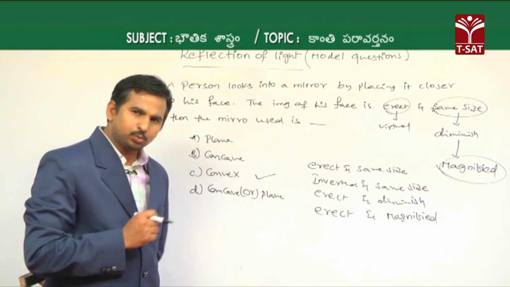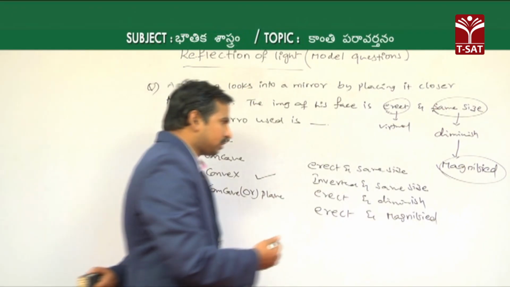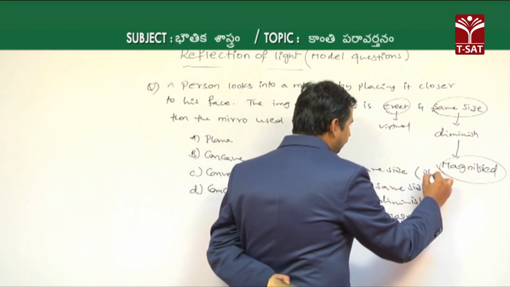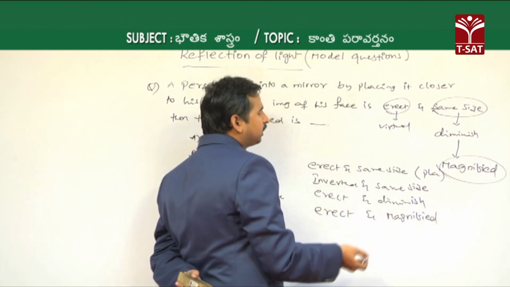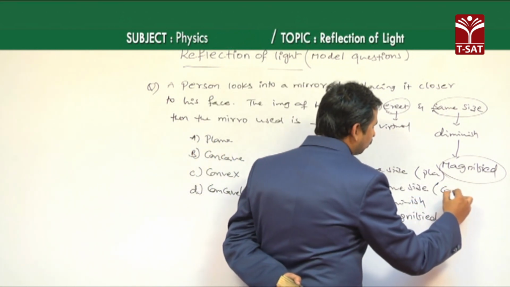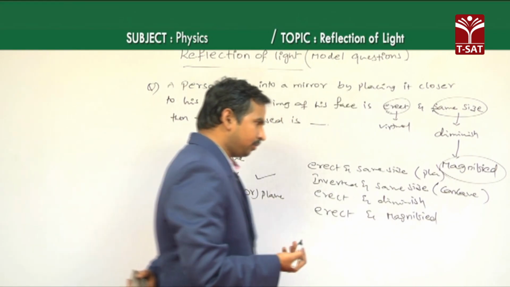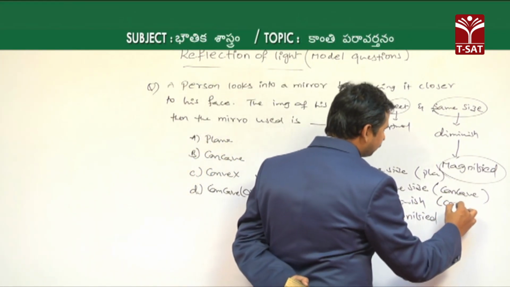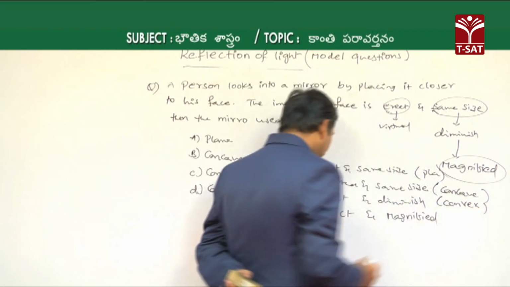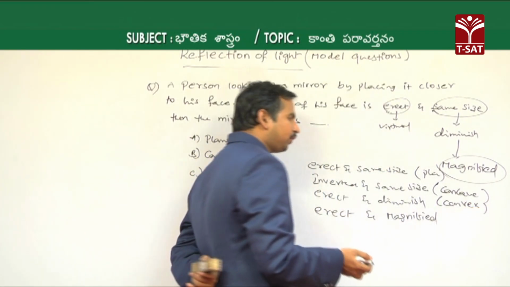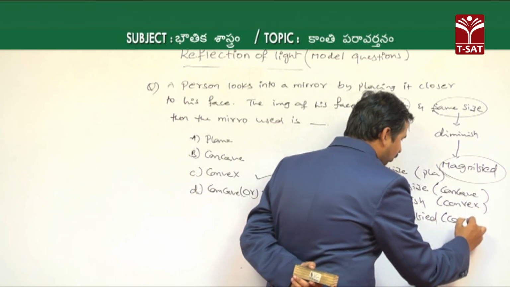Like these four possibilities: erect and same size is the plane mirror case, inverted and same size is the concave case, erect and diminished is the convex case, and erect and magnified is again concave.